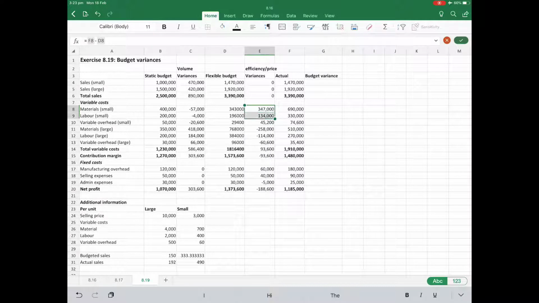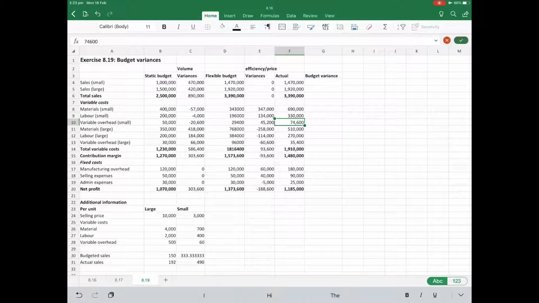So here, we can see how efficient your production department is. Look at here. It's really a huge difference. We base on the same sales volume, but the actual cost is double the flexible budget cost, which is impossible. It's just too much.